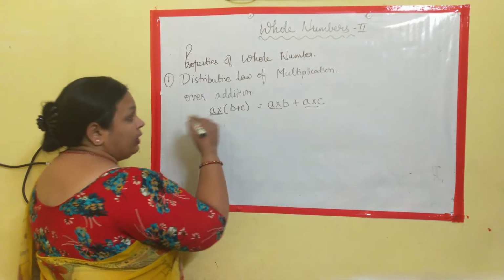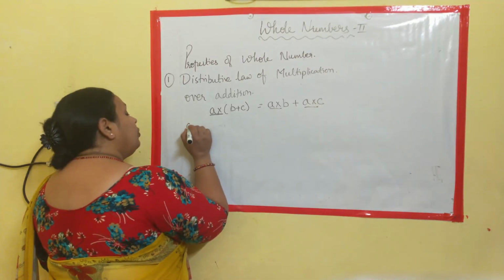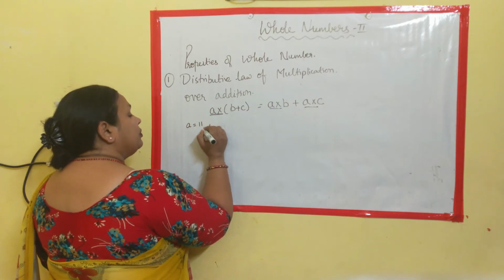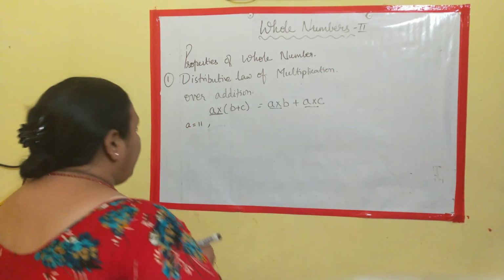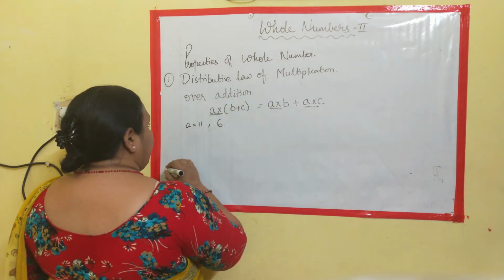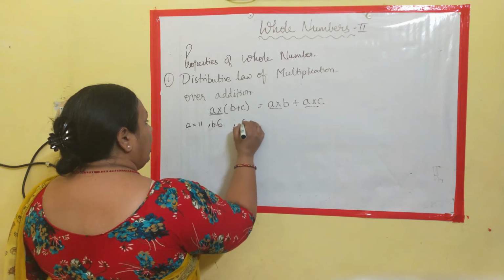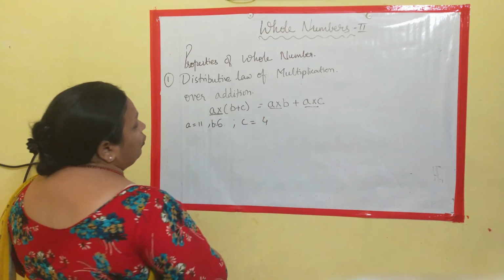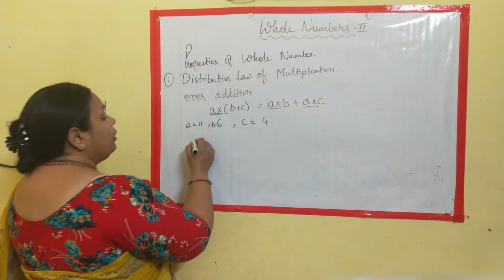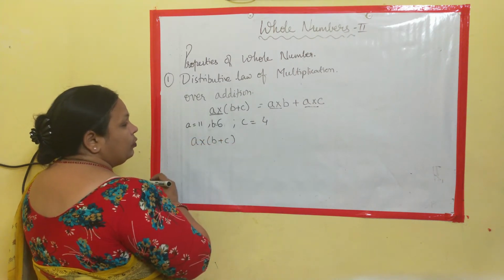Now to check whether this really works or not, let the value of A be 11, the value of B be 6, and for C it will be 4. Now when we find the value of A into B plus C, what do we get?